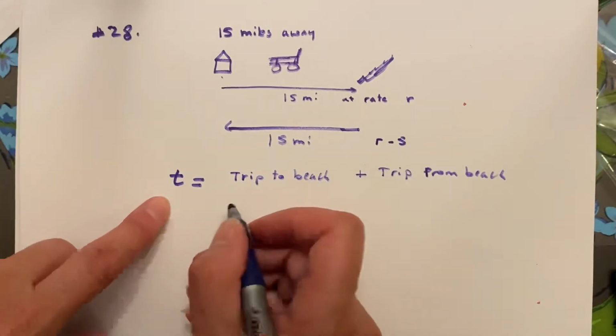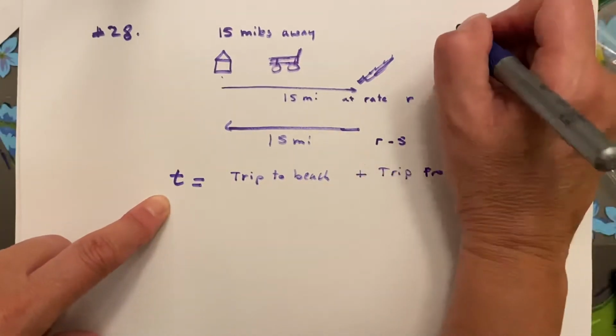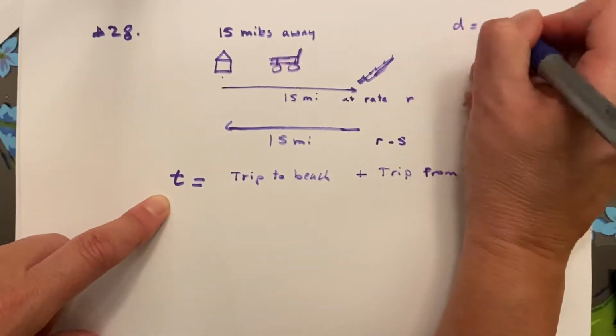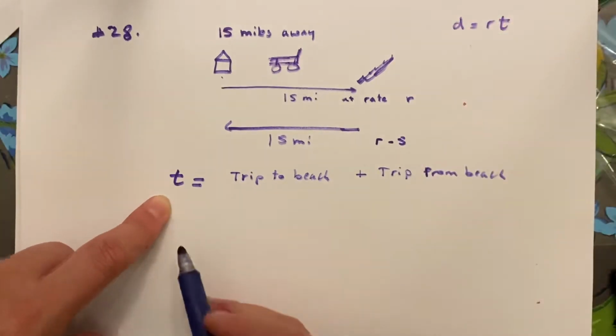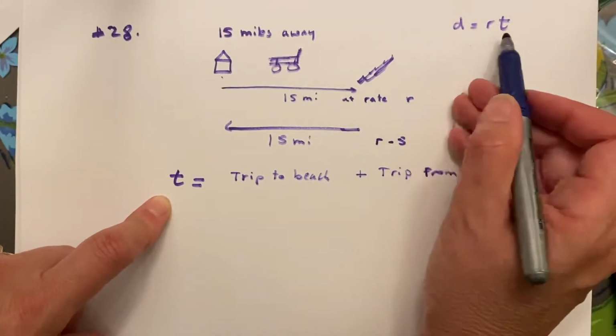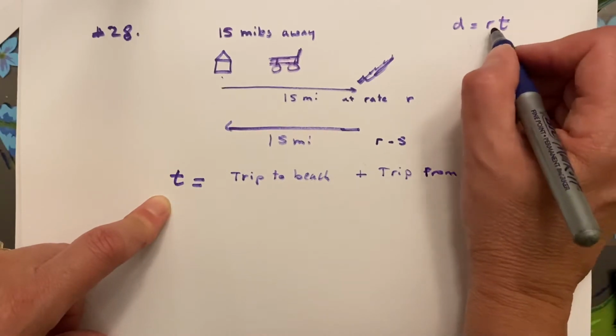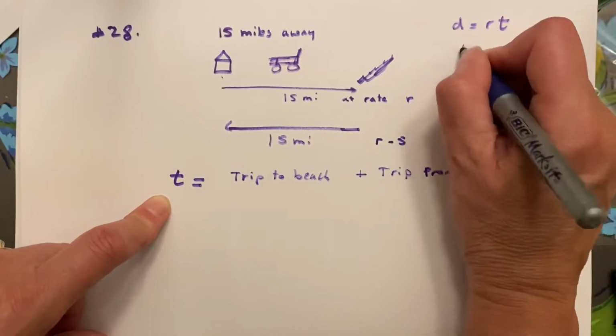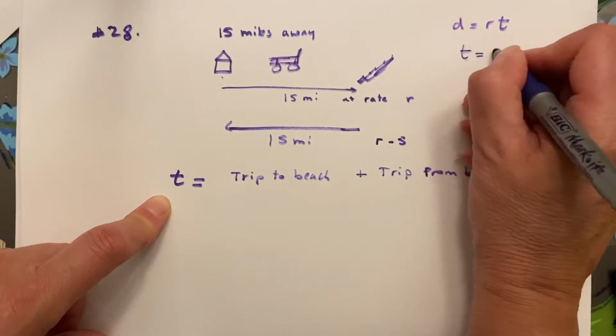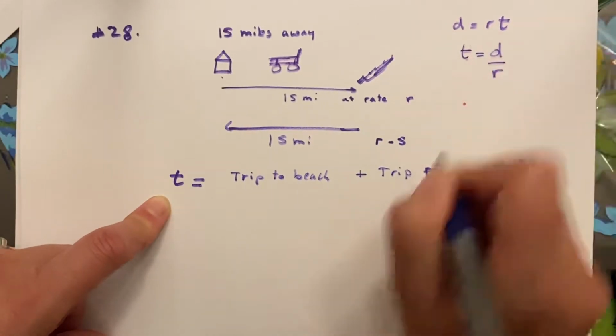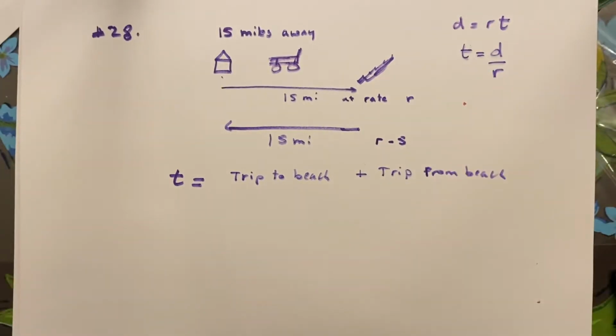Now the governing equation is distance equals rate times time. But the thing is, you don't want distance and you want rate, you just want time. Well, if you solve for T, you have to divide both sides by R. So T equals distance over rate. And your rate is going to end up in the denominator.